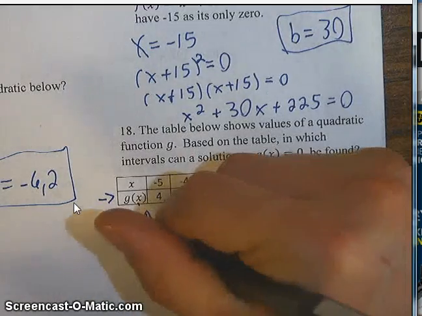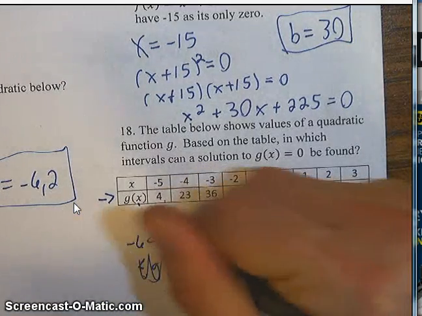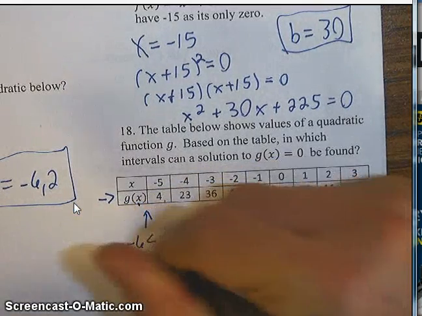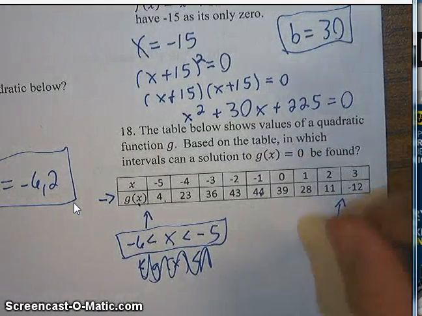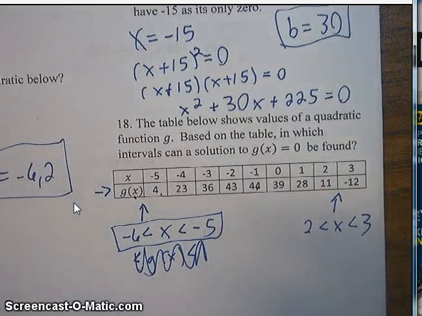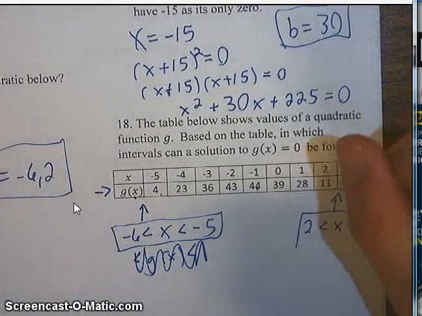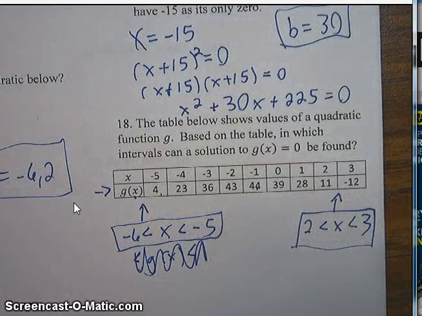It should be the x is in between -6 and -5. That's one of them. The other one's right there. X is between 2 and 3. So that's number 18 right there.